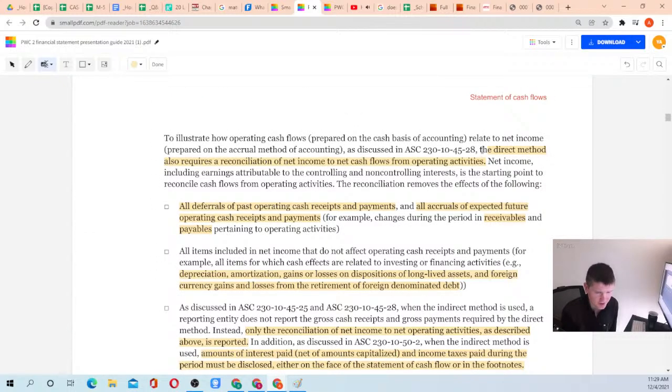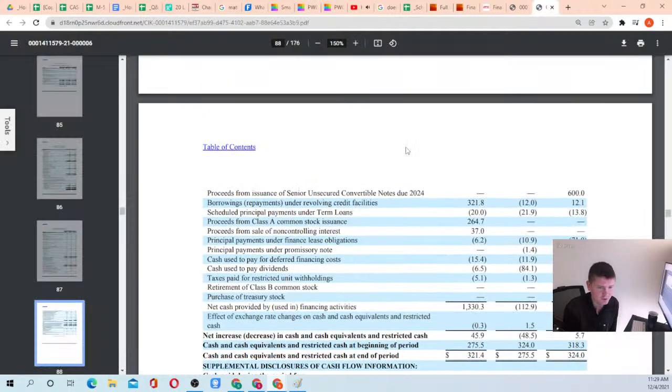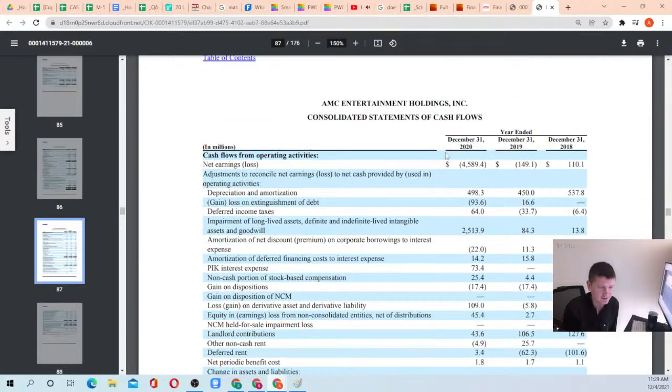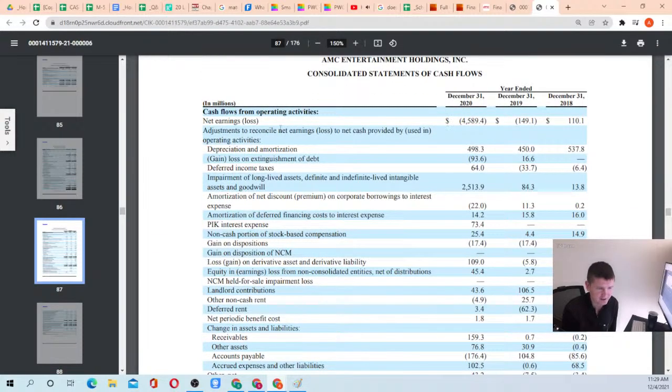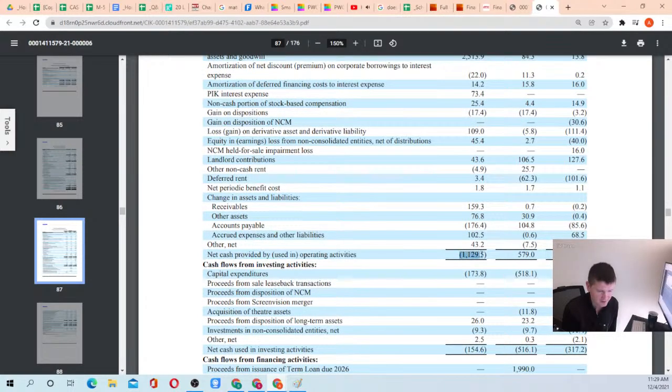So here it is. The direct method also requires a reconciliation of net income to net cash flows from operating activities. And that reconciliation is basically what we do when we do the indirect method. We reconcile net income to cash flow from operating activities.